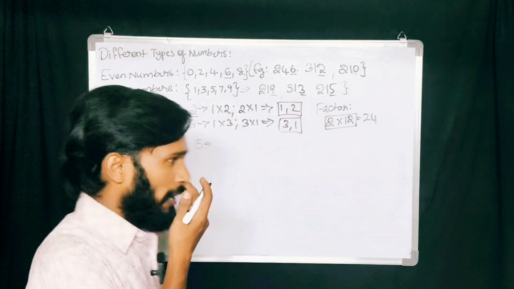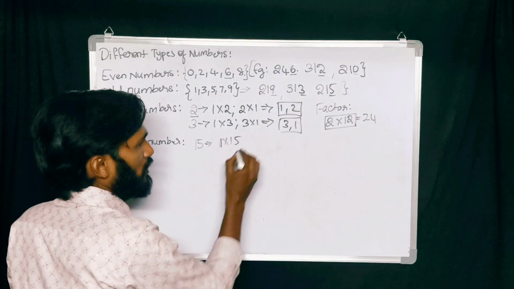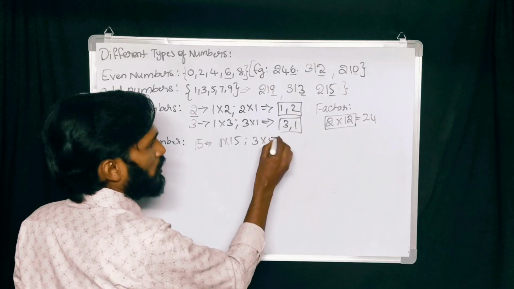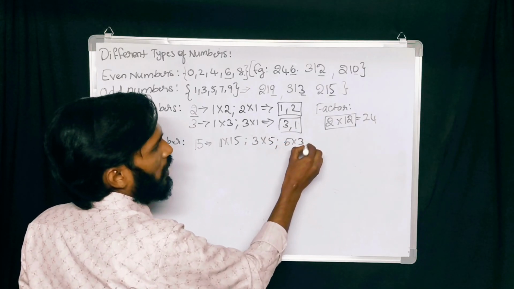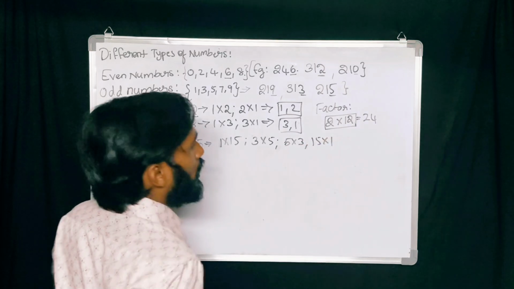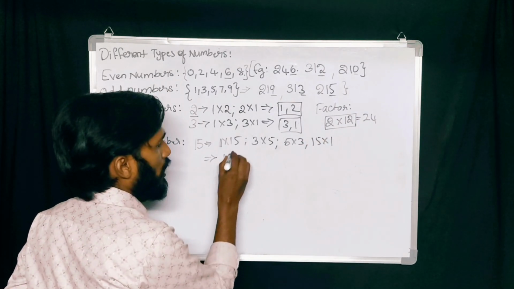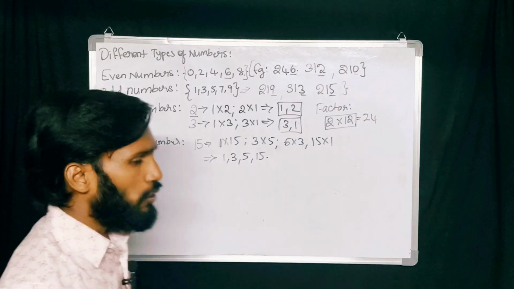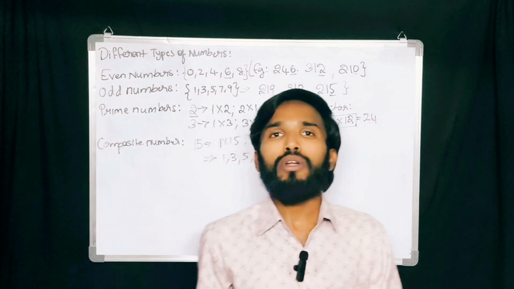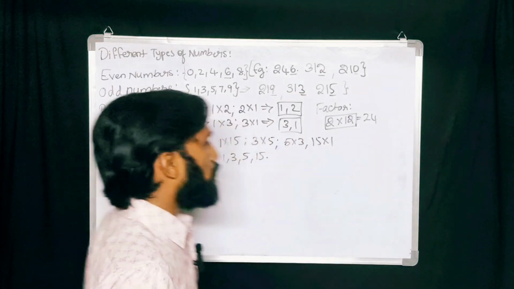We know from the tables: 15 times 1 is 15, 3 fives are 15, 5 threes are 15, and 15 ones are 15. So the factors of 15 are 1, 3, 5, 15. When you get more than two factors for a number, that number is called a composite number.